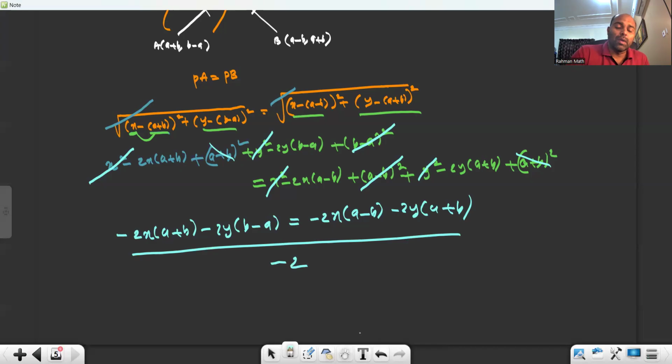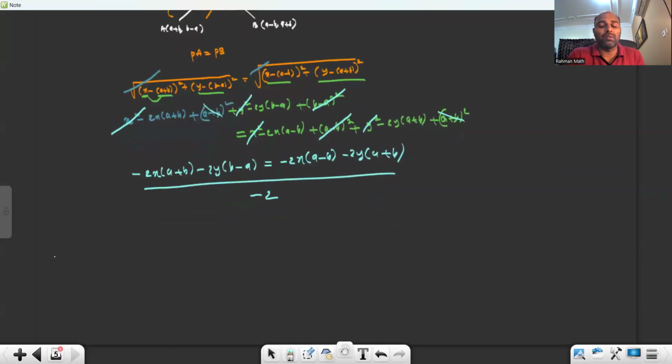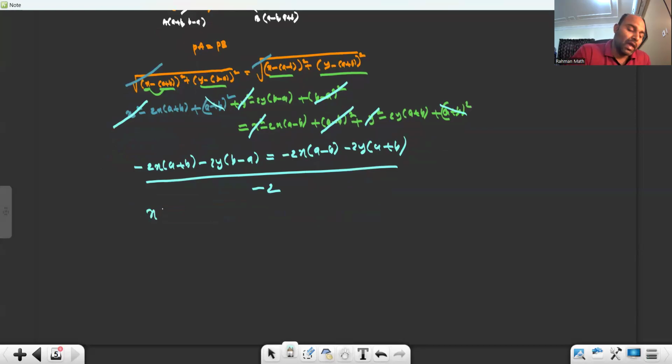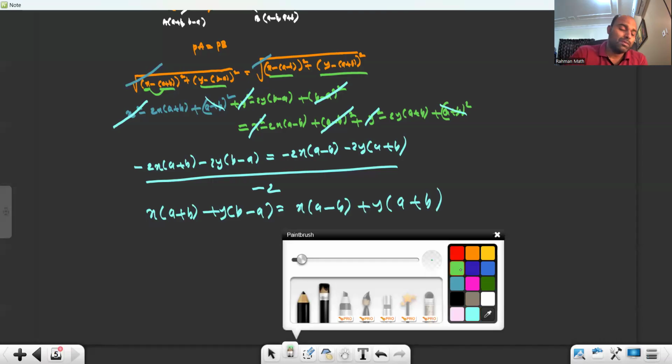When you're dividing throughout by minus 2, minus 2 will go, everywhere plus will be there. x into a plus b plus y into b minus a, x into a minus b plus y into a plus b. Now you open the bracket and simplify it.